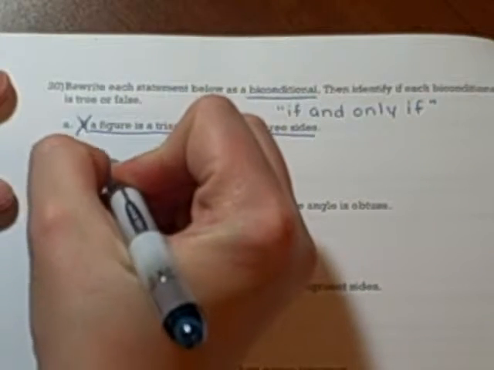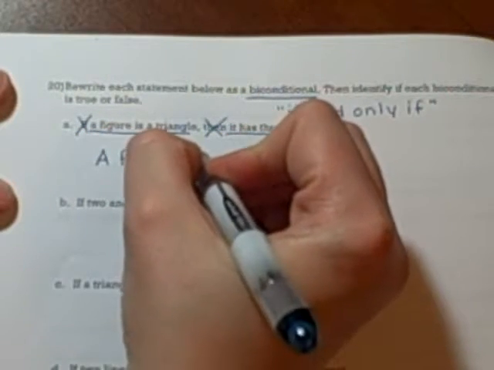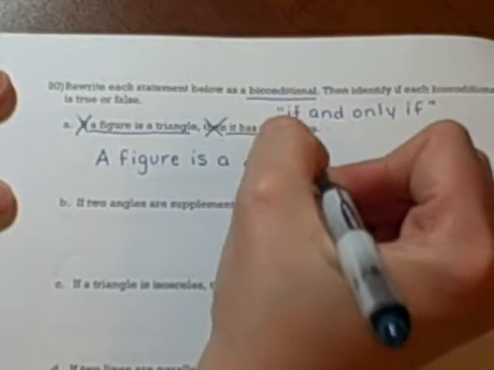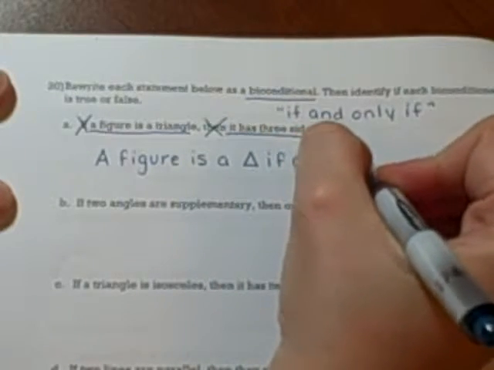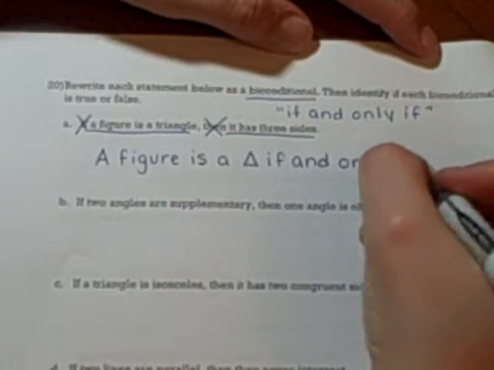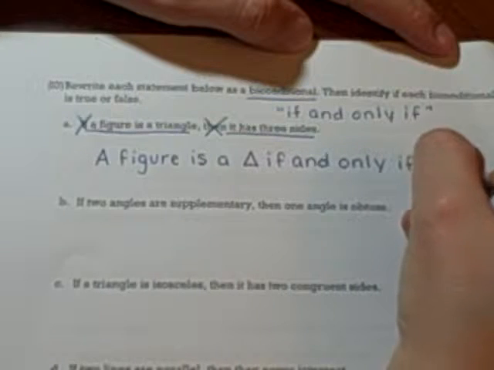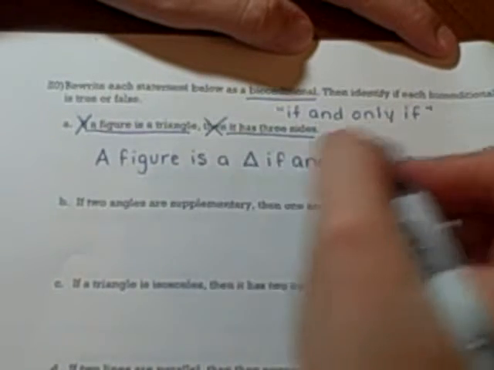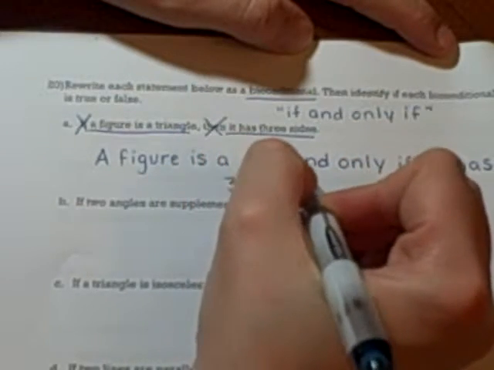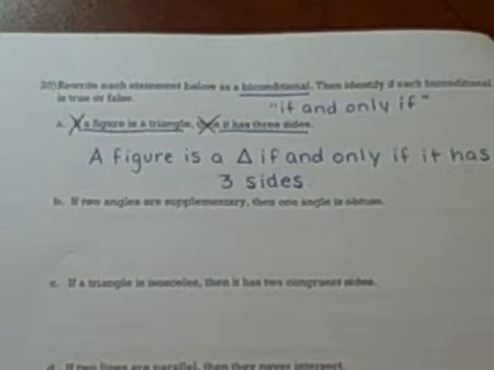So I would say, a figure, and I'm going to abbreviate here a little bit, hopefully you can follow me, is a triangle if and only if it has 3 sides, which is my other underlined chunk piece here. Okay. A figure is a triangle if and only if it has 3 sides.